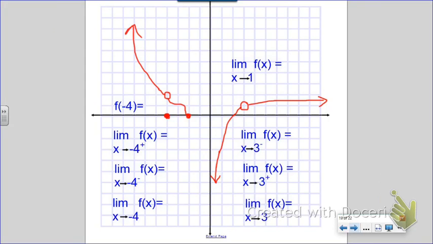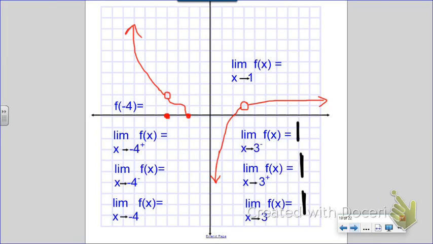Here's another example. The limit as x approaches 3 from the left is equal to 1. The limit as x approaches 3 from the right is equal to 1, so that limit is 1.